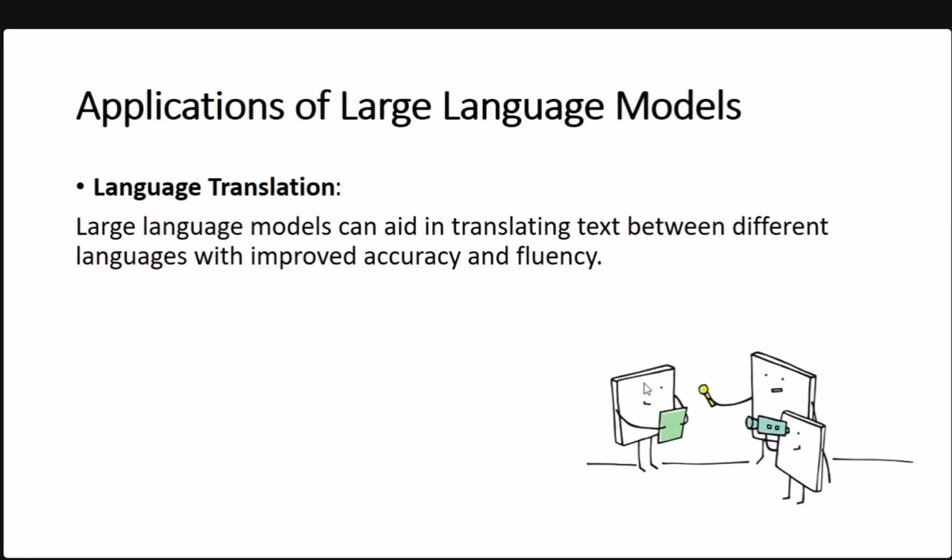Language translation. Since they understand language, they are able to understand the languages of different regions and countries of the world, and translate between the different languages as well. This actually helps in interacting more with systems.